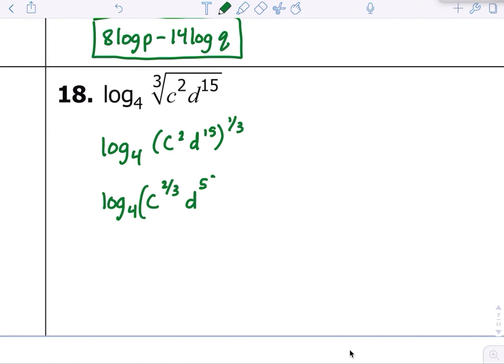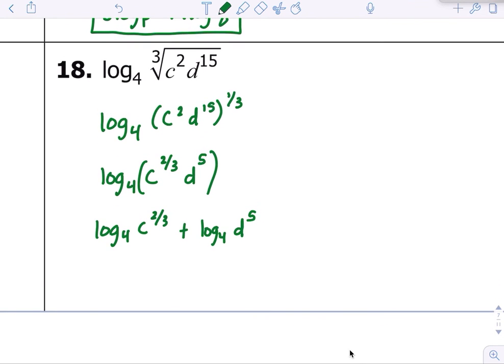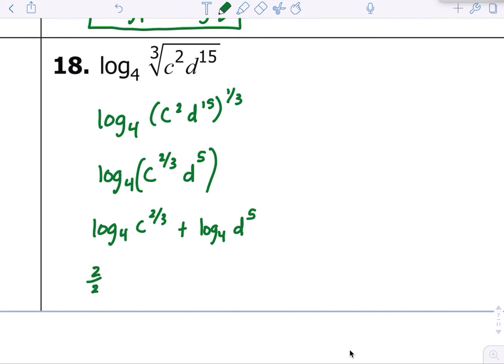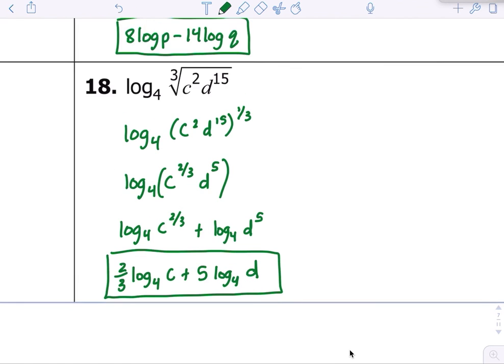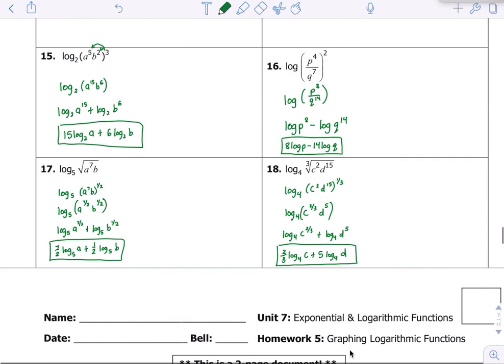And now this is multiplication, so we can use the product rule: log base 4 of c to the 2/3 plus log base 4 of d to the 5th. Let's bring both powers to the front using power rule, so 2/3 log base 4 of c plus 5 log base 4 of d. And that's pretty much your guys' homework, okay?